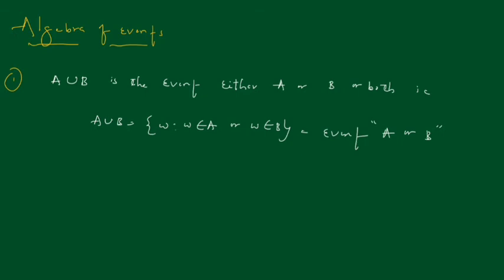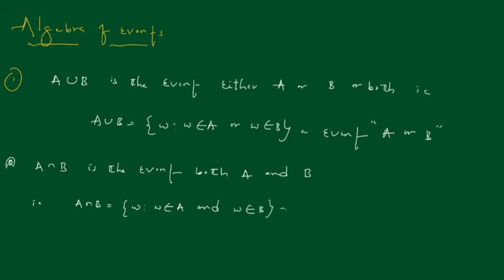Then we are writing here A union B is the event either A or B or both, that is A union B equals to omega such that omega belongs to A or omega belongs to B. We can write it as event A or event B. Next, second one, A intersection B. A intersection B is the event both A and B. That is A intersection B equals to omega such that omega belongs to A and omega belongs to B, which is equals to event A and B.